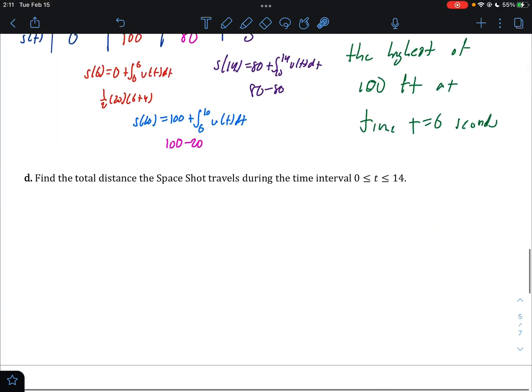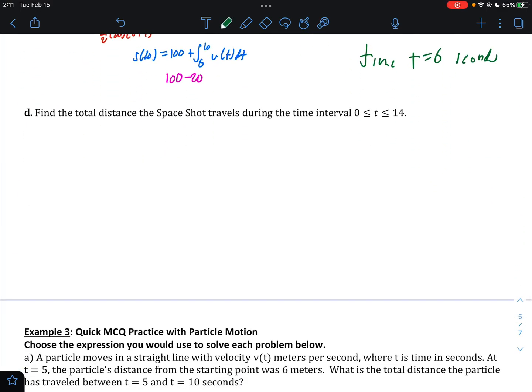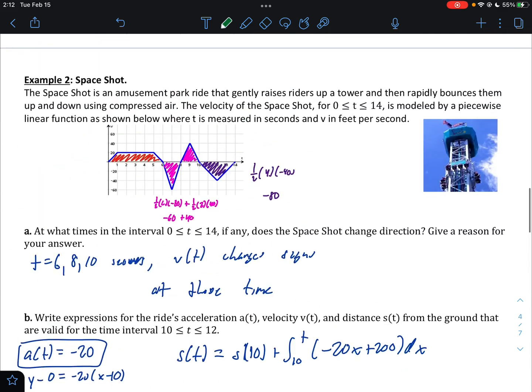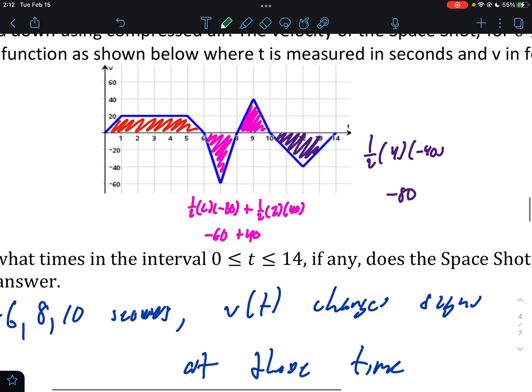So first of all, the distance is the integral from 0 to 14 of the absolute value of velocity. And we kind of already did this in the last one. All we're doing is adding these pieces together. From 0 to 6, we said that was 100. 6 to 8 was negative 60. 8 to 10 was 40.